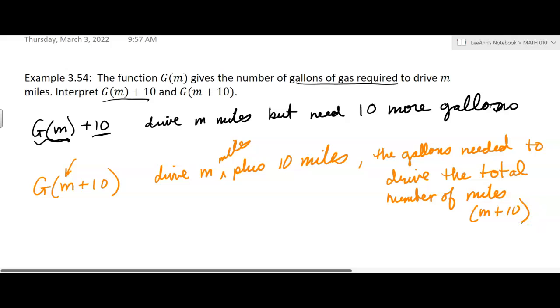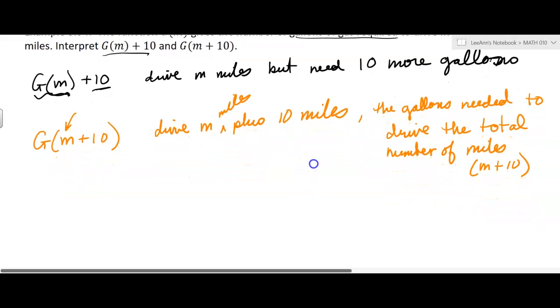Okay, so let's try to make some sense of this on the graph. Just the bottom one. The top one probably makes some sense. On the bottom we're trying to relate that horizontal shift. Let's say I drive 1 mile, and it takes me 20 gallons of gas to drive 1 mile. And then I drive a second mile and it's 40 gallons of gas, right?